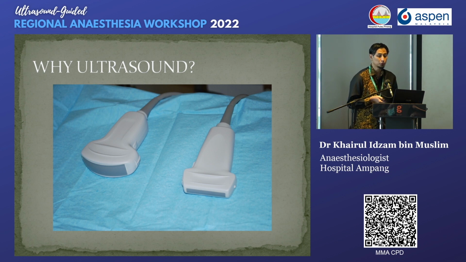So why do we want to use ultrasound to identify central neuraxial blockade? Because we have been performing spinal and epidural using landmark technique since we were still babies in anesthesia, right? Without any complications.